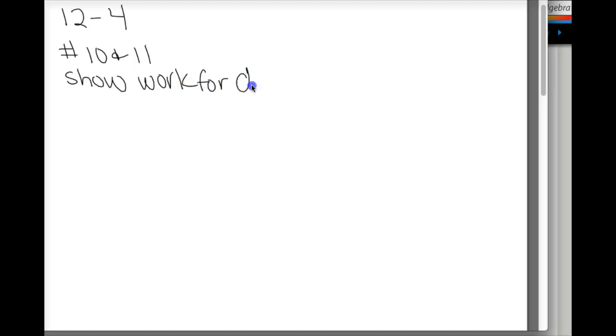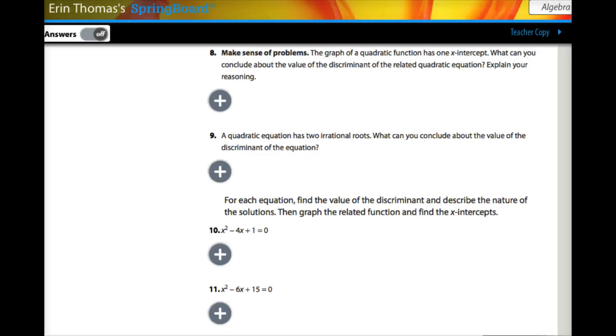In section 12.4, for number 10 and 11, you need to show work for the discriminant. You actually need to show me b squared minus 4ac on your paper for both 10 and 11, and then write your answer about the nature of the solution.